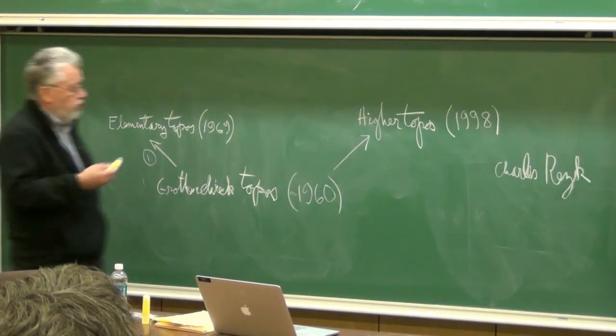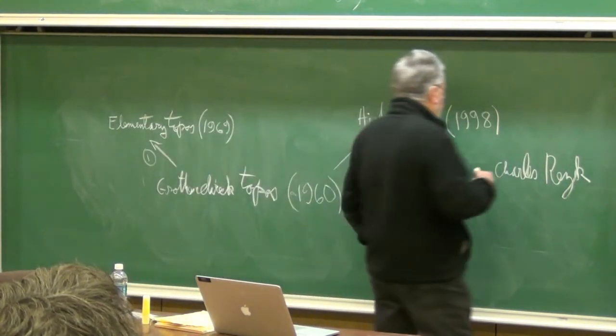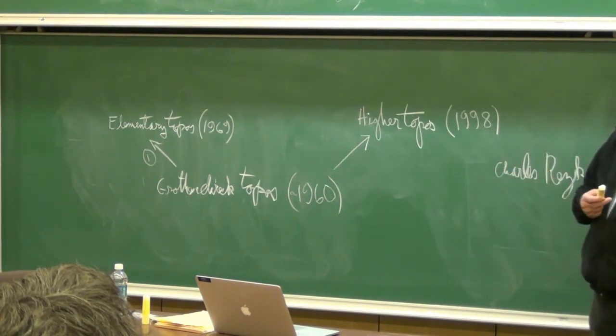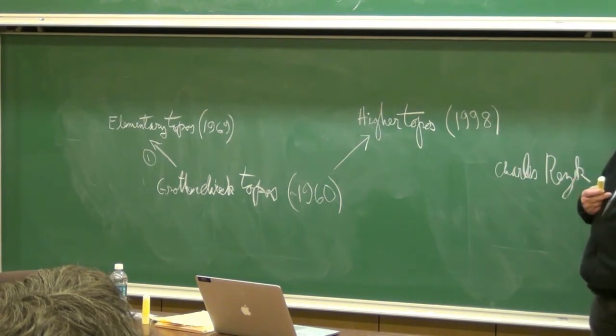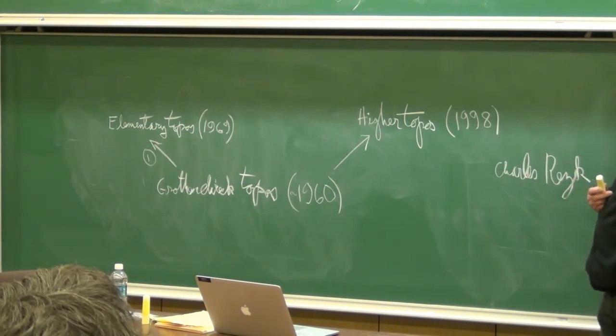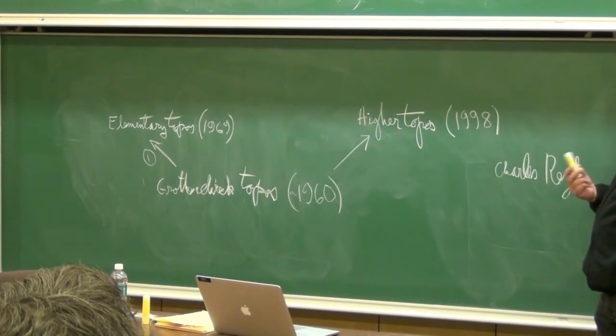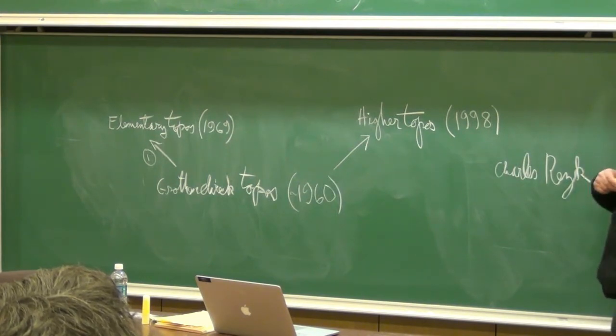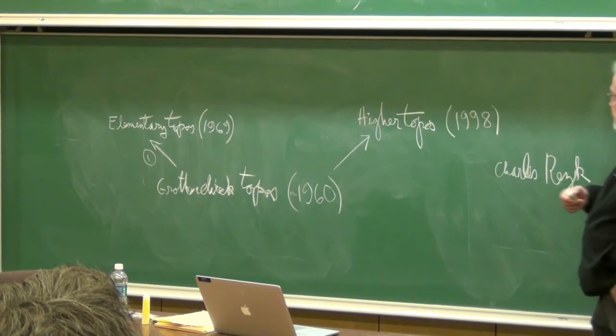And the notion was soon applied to derived algebraic geometry by algebraic geometers, Bertrand Toën, Vezzosi, and also by Jacob Lurie, who developed it systematically.